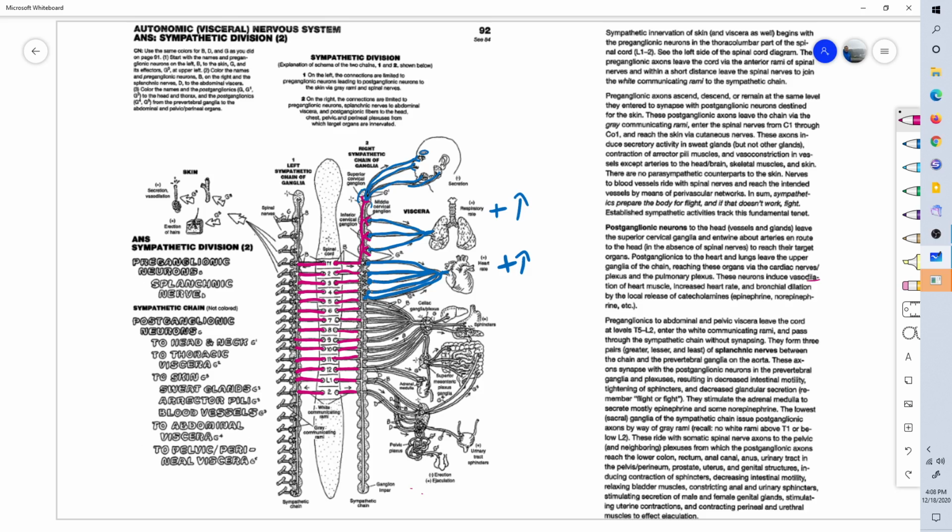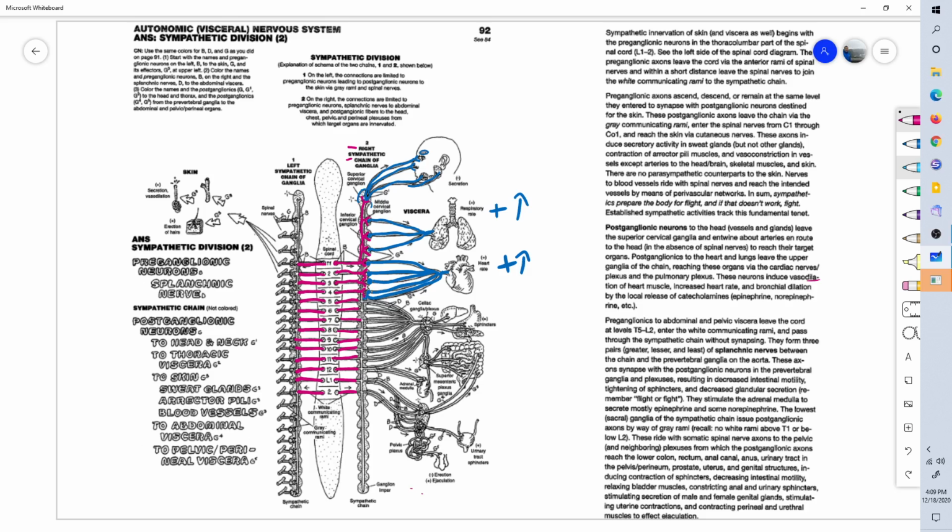And of course, these postganglionic neurons, where do they get their signal from? Well, the preganglionic neurons from the upper thoracic area, T1 through T4. And you can see these synapses occurring in the sympathetic chain, the right sympathetic chain, ganglionic chain.